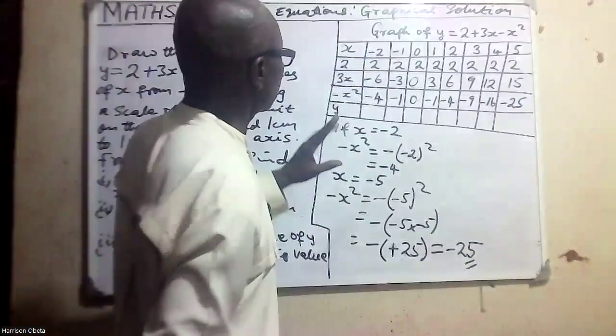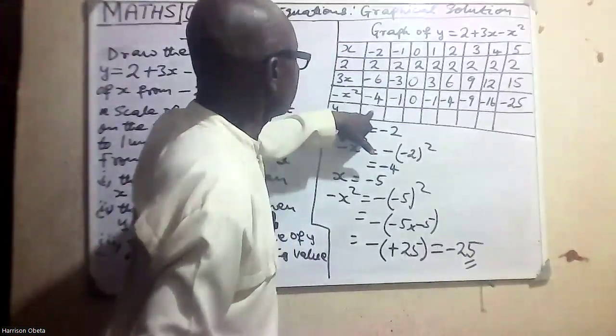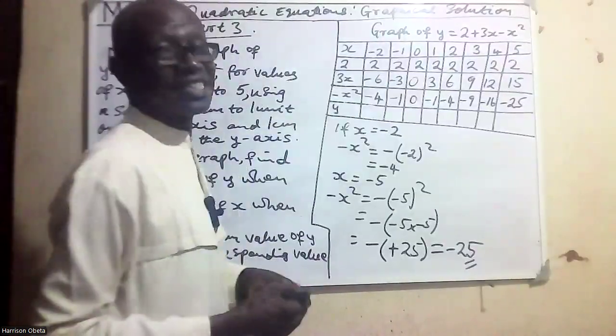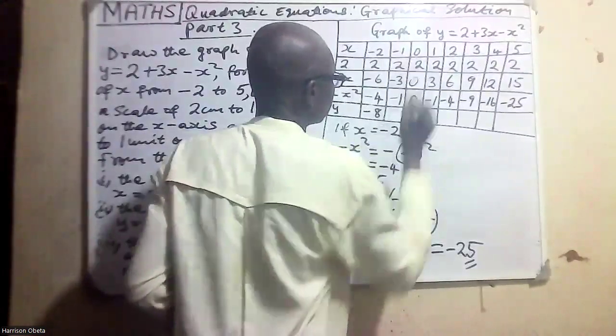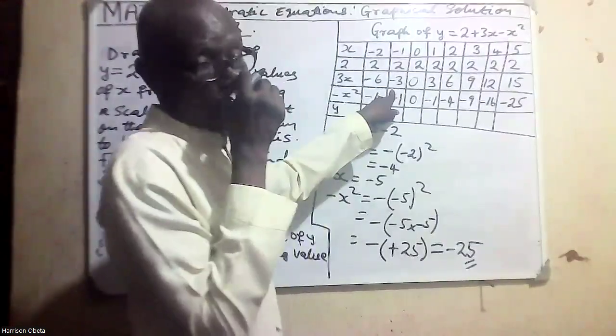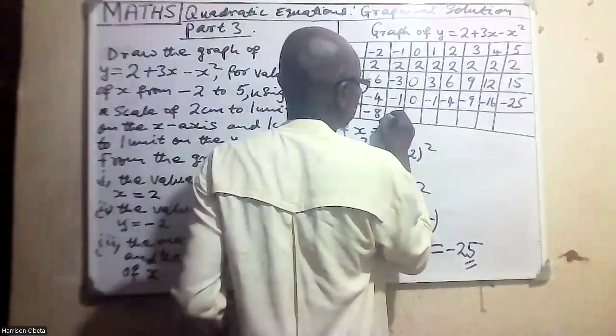So what we now do is we add from here to here to give us whatever is here. So minus 6 minus 4 is minus 10 plus 2. That will give you minus 8. Minus 1 minus 3 is minus 4. And minus 4 plus 2 is minus 2.